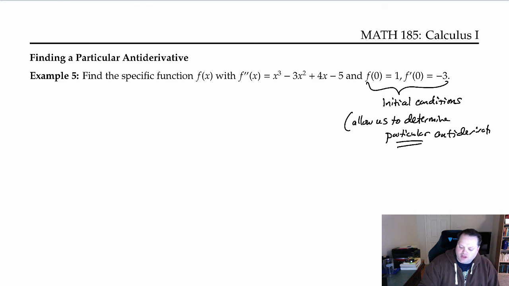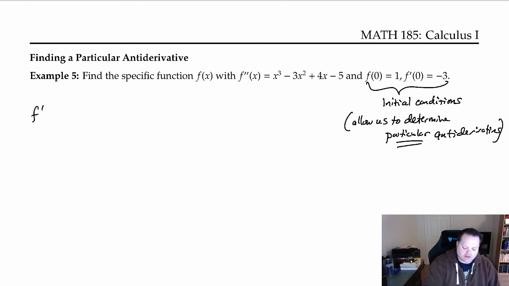In other words, if you want to tell me in particular which antiderivative I'm going back to, then I need more information, and that information comes in the form of telling me which function I'm looking for passes through a specific point or has a specific slope at that point. Here, because it's a second derivative, we need 2 pieces of information. If it were just the first derivative, we'd only be going back once, and so we'd only need 1 piece of information. So I'm just going to do the work here and talk about how these initial conditions are used.